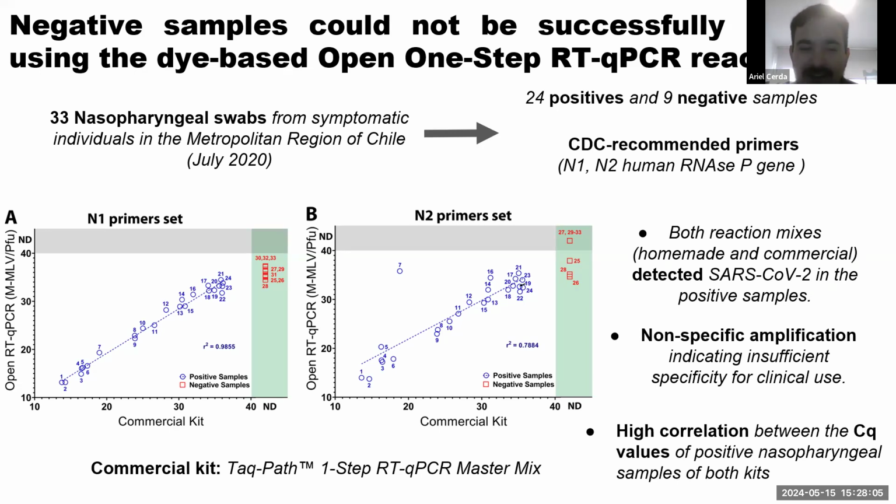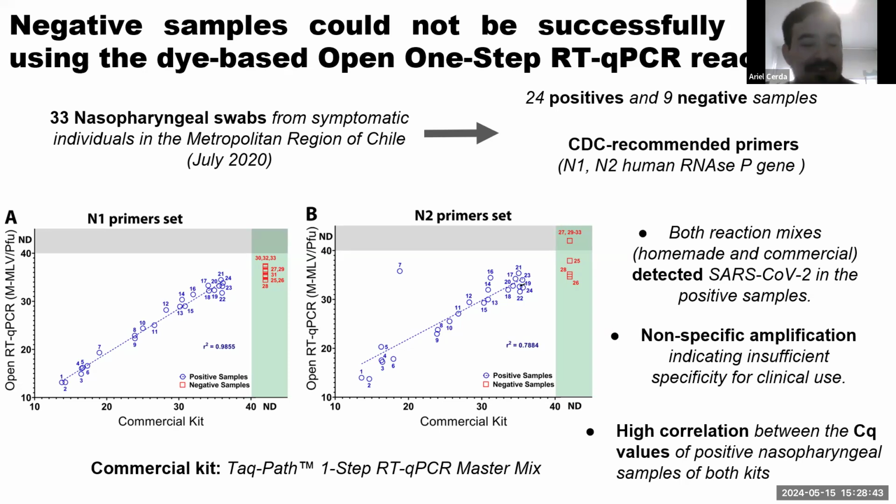At first, one of the reviewers told us that maybe we had to leave out this dye assay, because it didn't work well. But the correlation between the positive samples told us something, so we decided to leave it in the paper because we think it is very valuable information for anyone who wants to go further with that kind of assay.